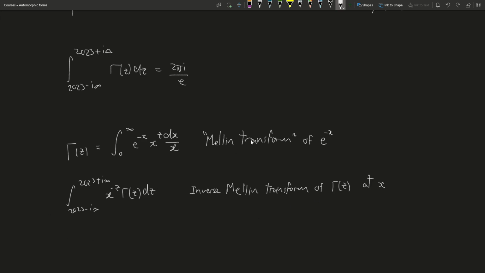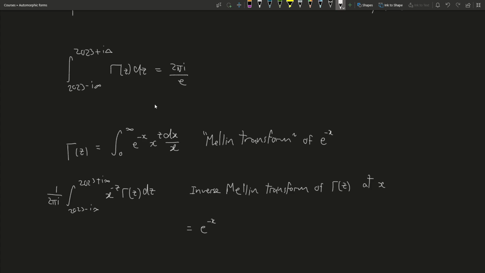And if gamma is the Mellin transform of e to the minus x, you can imagine that the inverse Mellin transform of gamma is going to be e to the minus x. So this is e to the minus x. Well, our integral was this, but here x was 1. Sorry, the inverse Mellin transform has a 1 over 2 pi i here. My apologies. So if you just put in x equals 1 here, you're getting e to the minus 1 as the value of this, and then you get the 2 pi i because we didn't normalize it this way.